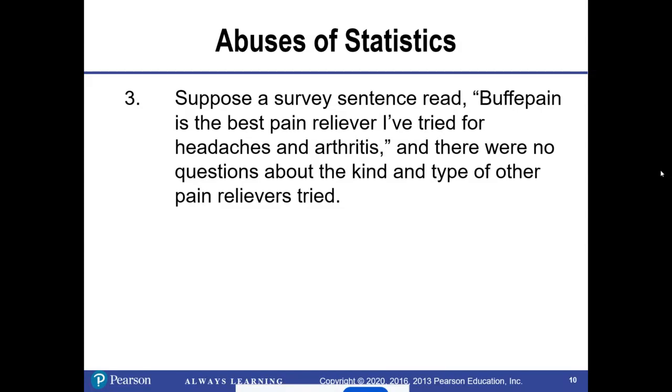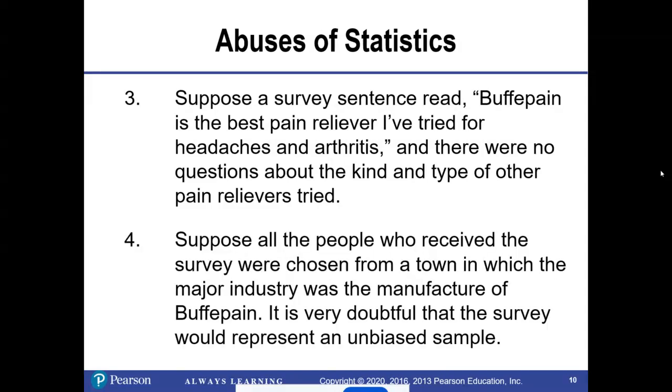And there were no questions about the kind and type of other pain relievers tried. Suppose all the people who received the survey were chosen from a town in which the major industry was the manufacturer of Buffapane. It's very doubtful that the survey would represent an unbiased sample.